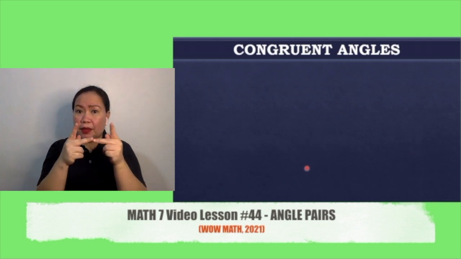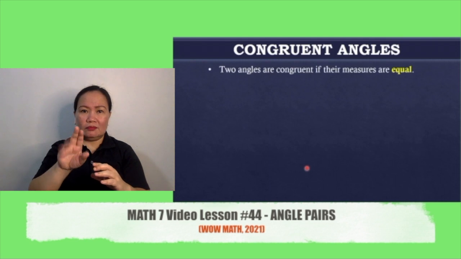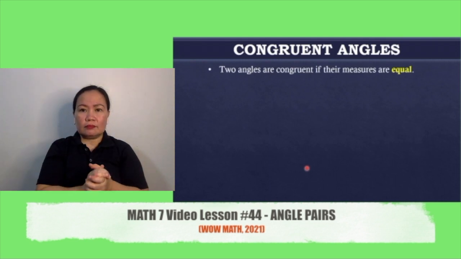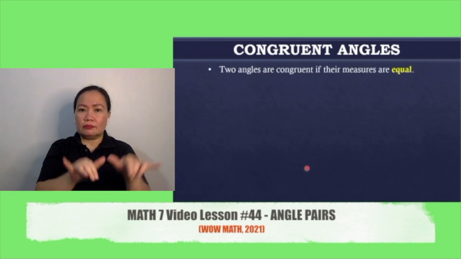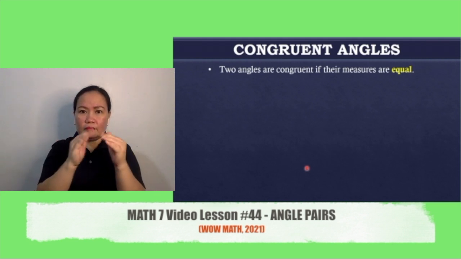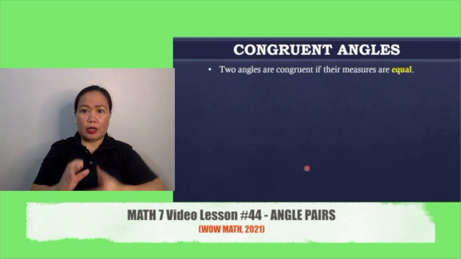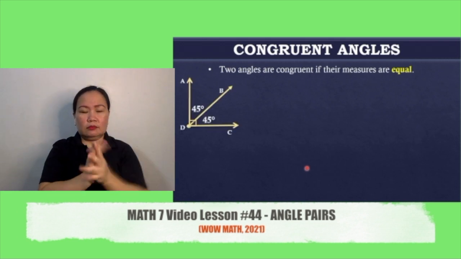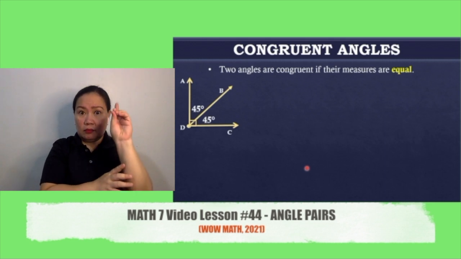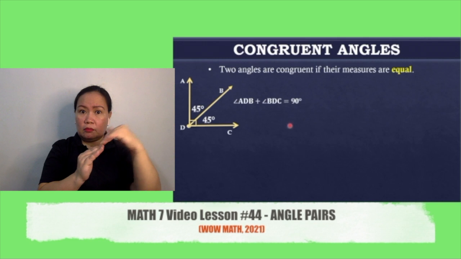Next, let's proceed to the congruent angles. So, pag sinabi natin congruent angles, automatic yan. The measures are equal. Okay? So, yung measure ng dalawang angles na yon dapat equal. So, if the measures of the two angles are equal, okay, kagaya nito. So, I have here angle ADB plus angle BDC which is equal to 90 degrees.